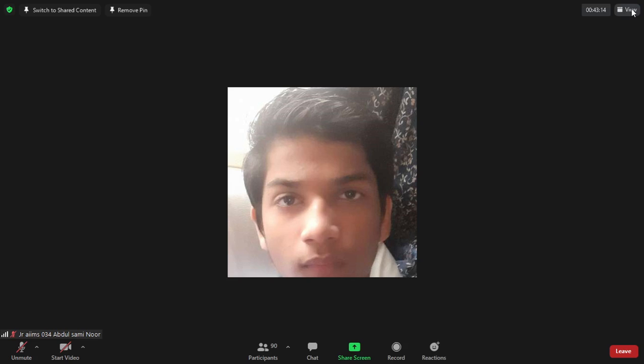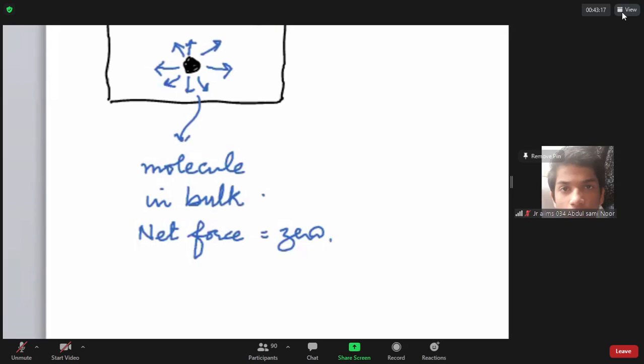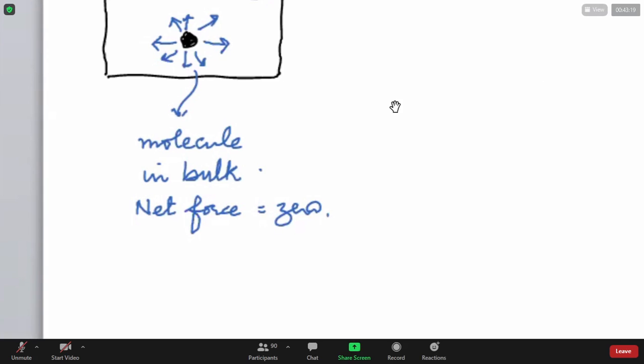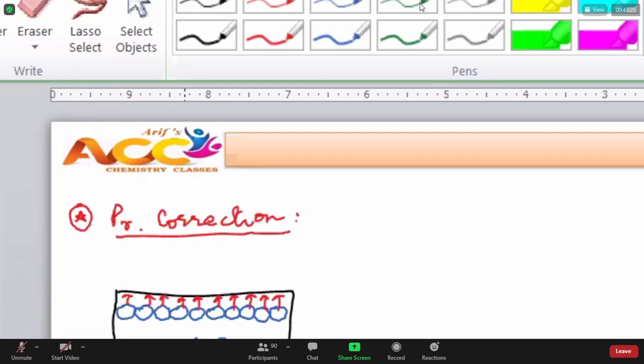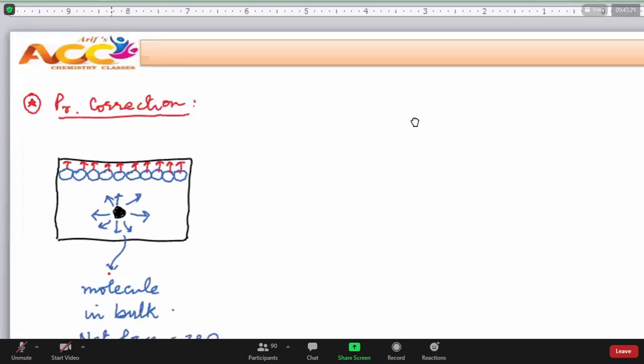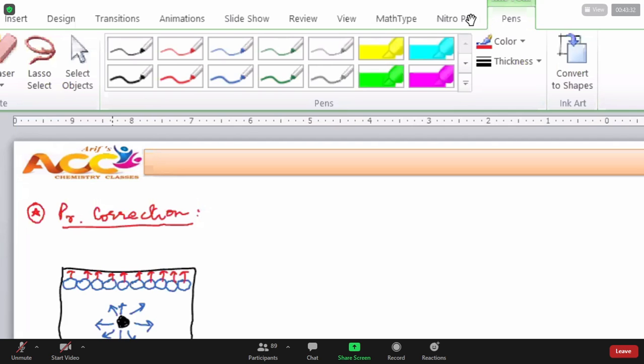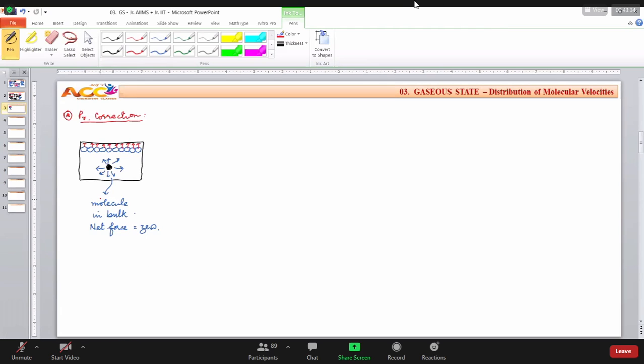And when they are colliding, what about the second layer molecules? Second layer molecules say, I don't have any friendship with first layer molecules. Therefore, first layer molecules go and hit with your own force. I am neither going to help you nor I am going to oppose you. Why? Ideal gas intermolecular force of attractions are zero.